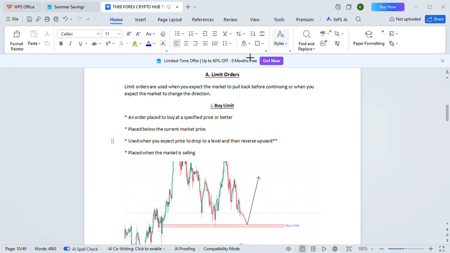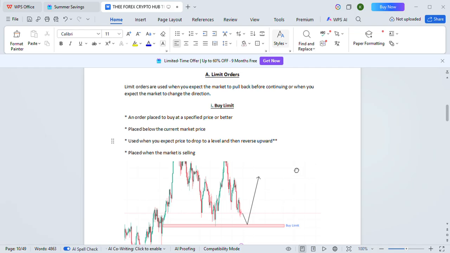Are we together on that, or you are not connecting the dots? A sell limit is placed above the market at a point where you believe the market will come to and then reverse or change from buying to selling.